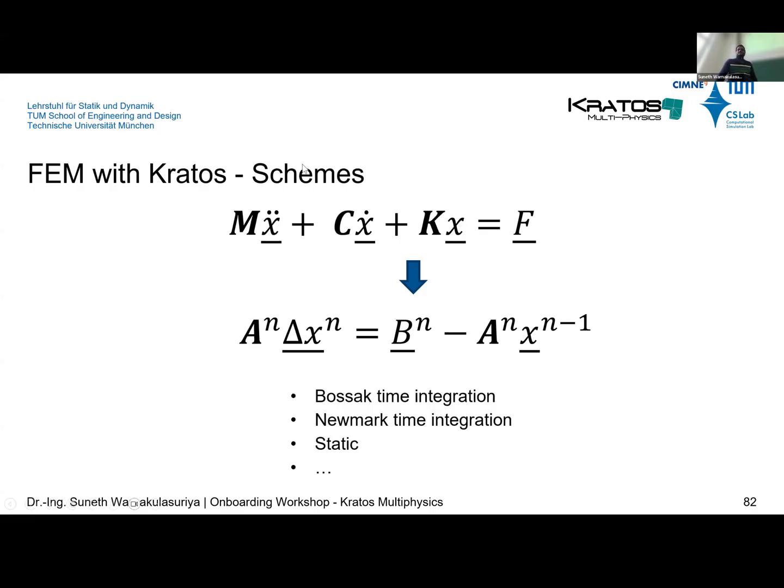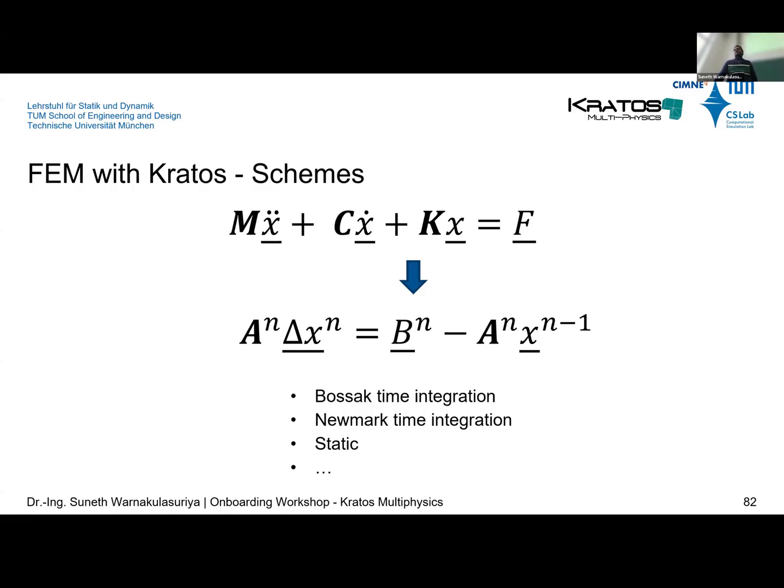So this is the purpose of schemes. Those are called time integration schemes. It converts this information into a delta x n equals b n minus this. This actually is the residual formulation. Because remember, it doesn't matter how smart the computer is, they can only solve Kx equal F. That's it. They cannot go beyond that at this moment.